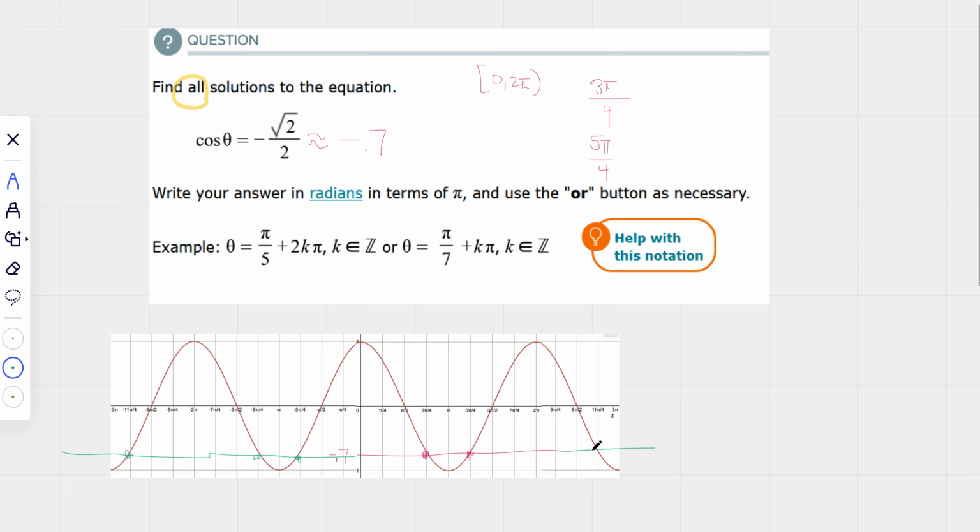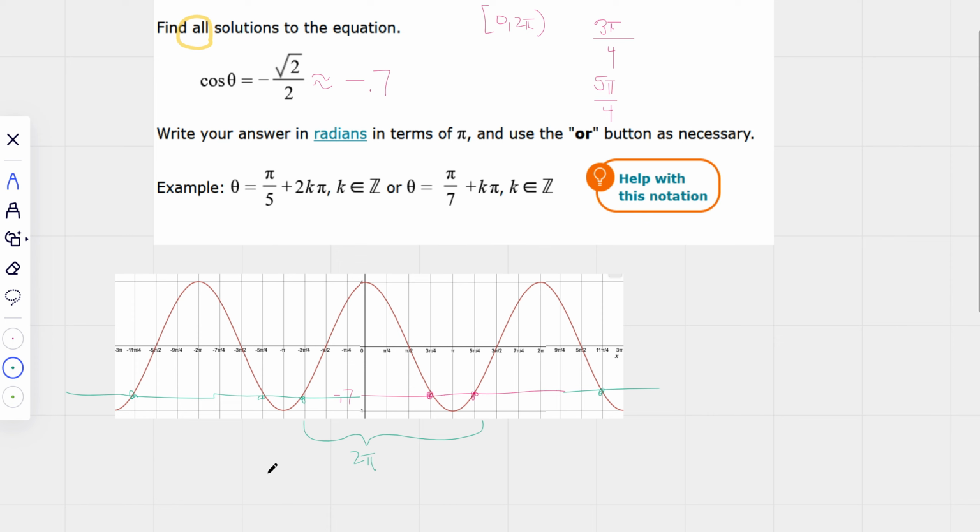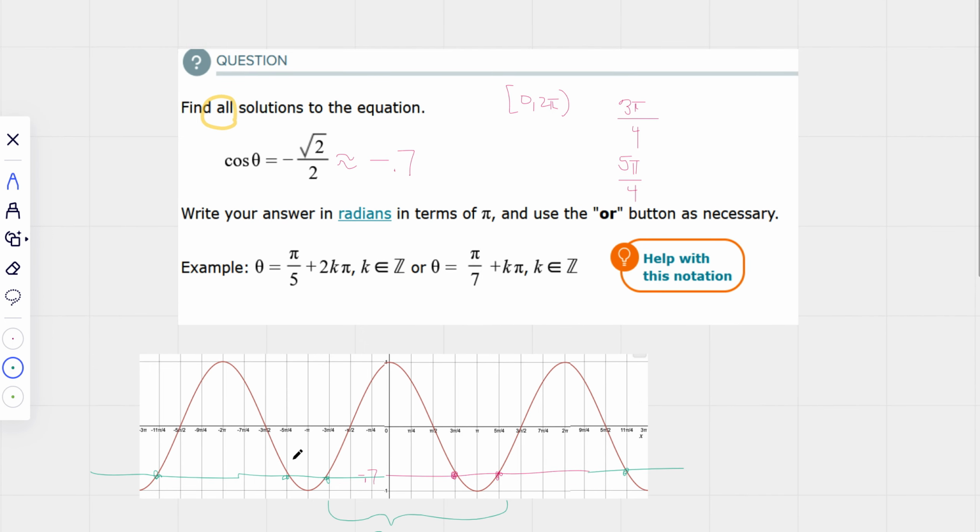And they're going to have this pattern. You see you've got 2 together here, and then 2 together here, and 2 together here, and 2 together here. Those are always going to be a distance of 2 pi apart, because the length of one cycle of cosine is 2 pi.